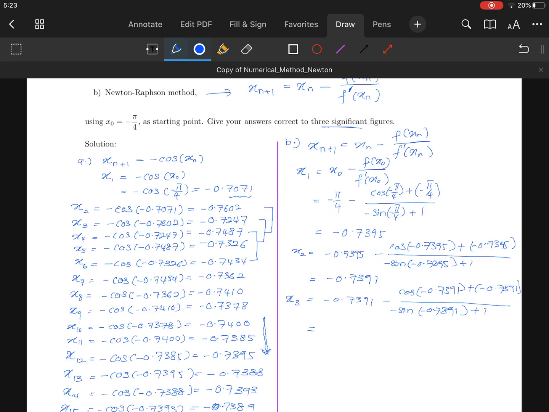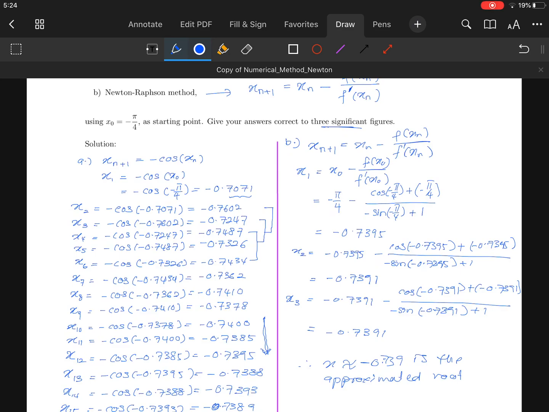If you calculate and are consistent in your calculation, you get 0.7391 again. Therefore, x is approximately negative 0.739, which is the approximated root.